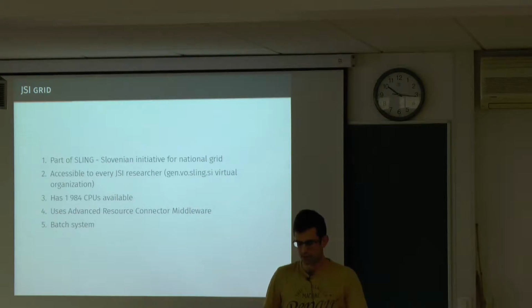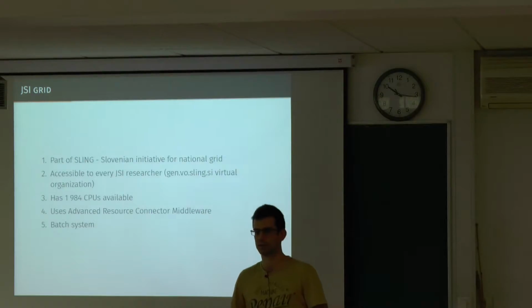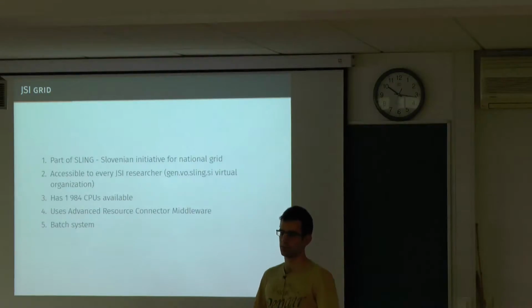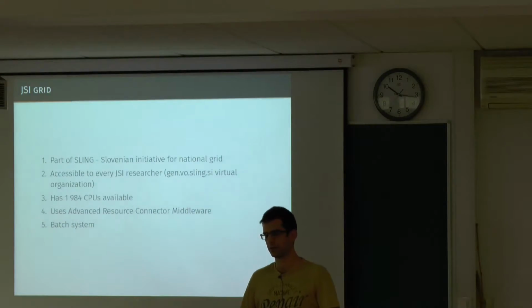The grid has nearly 2,000 CPUs available. There are also some machines with the GPUs, but I'm not sure what is the state of those machines, if they are usable yet. The grid uses the advanced resource connector middleware. This is a set of tools to submit and gather the results from the grid.